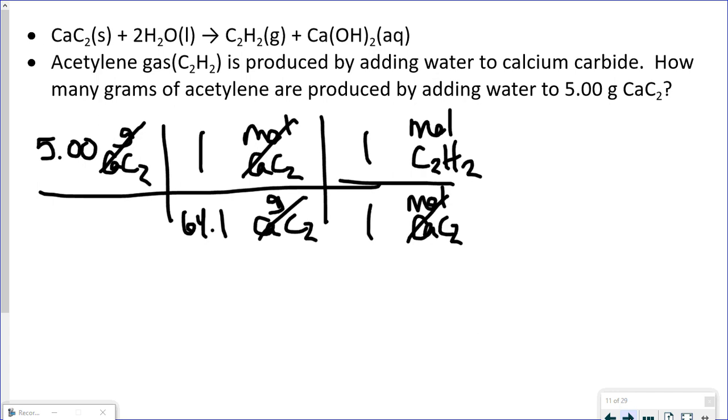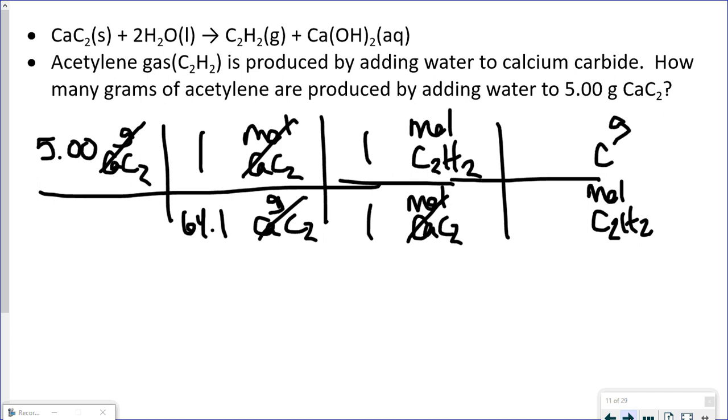But we're looking for grams of acetylene, so we need to do one more step. We no longer need moles of acetylene, so we're going to move it down to the bottom and change into grams of acetylene. So remember, grams per mole is molar mass.